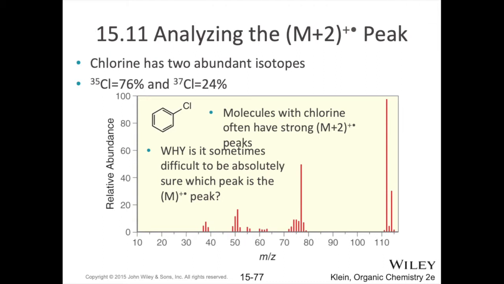So you will see a 3 to 1 ratio of peaks that are two numbers apart from each other, right? So basically, if you see a set of peaks that look like this, that gives away that there's a chlorine present in your molecule.